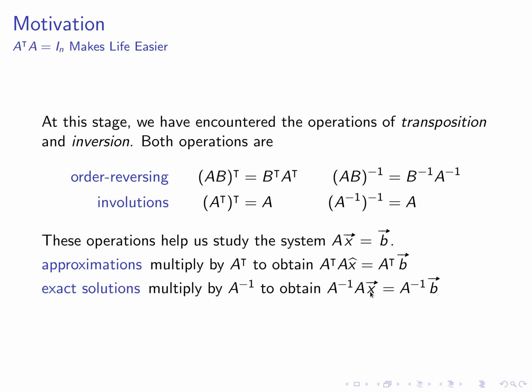So this gives us the exact solution to the system, X equals A inverse times B. Both of these operations are similar in the sense that they're both order reversing involutions, and both are useful for studying systems of equations. Transposition is useful for studying approximations via least squares, and inverses are useful for studying exact solutions by multiplying by A inverse.